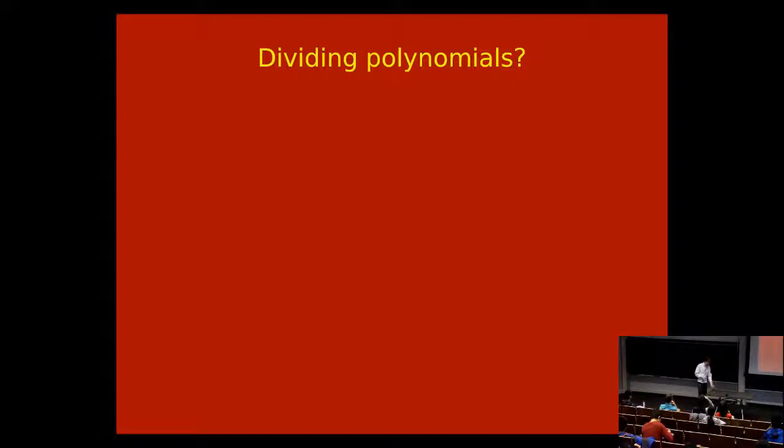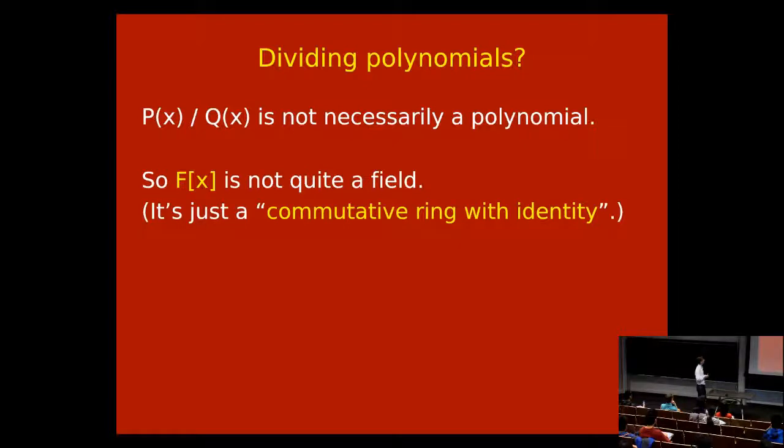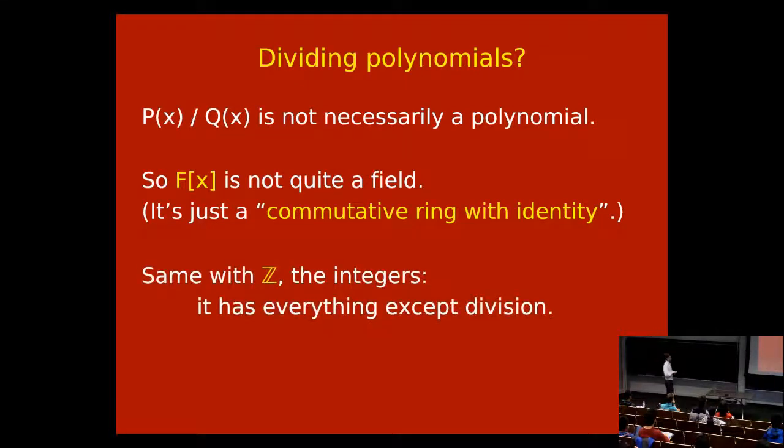So let's say a few things about this division of polynomials. This is a basic sad fact that if you take two polynomials, their ratio is not necessarily a polynomial. Sometimes it works out, but not always. And so it's not quite a field. It's some other thing, a commutative ring.